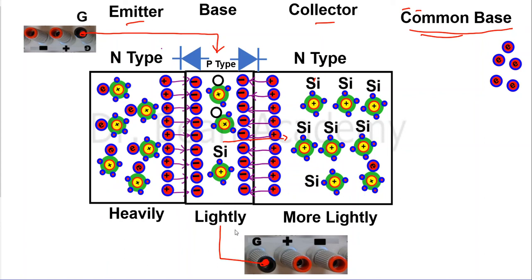So if the base is connected with the ground, now we have to decide to which terminal I should connect the n-type emitter side. As you know, the emitter-base junction should always be in forward bias mode, and the base-collector junction should always be in reverse bias mode. So let's see the first junction, the emitter-base junction. We have to make it forward bias, and we know that the base is at ground.